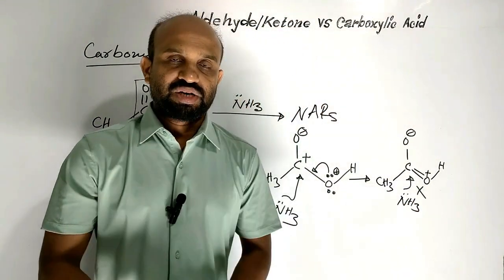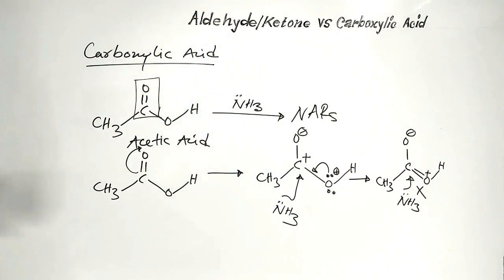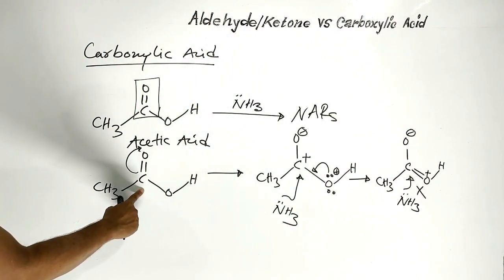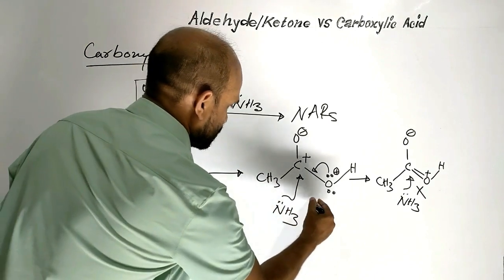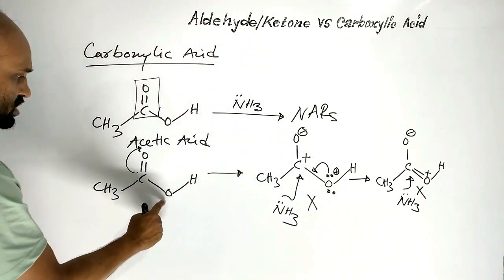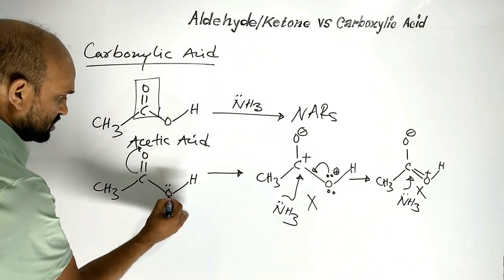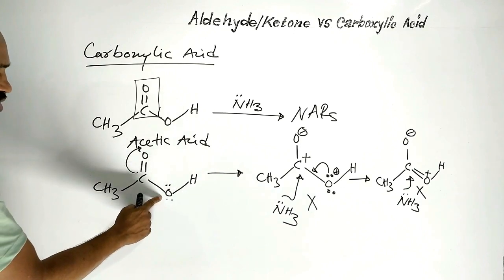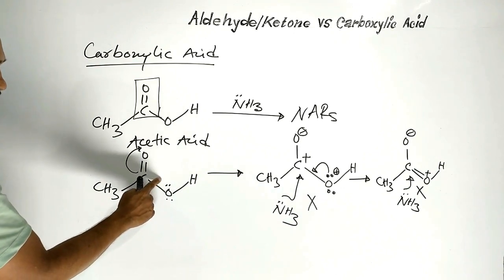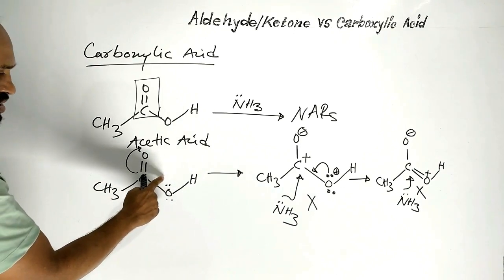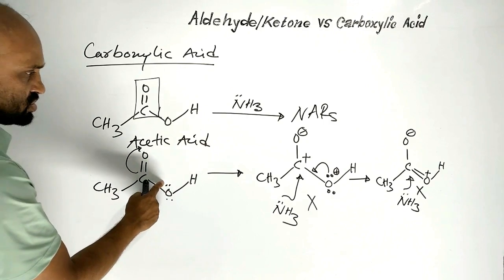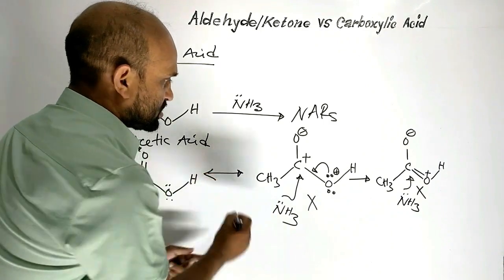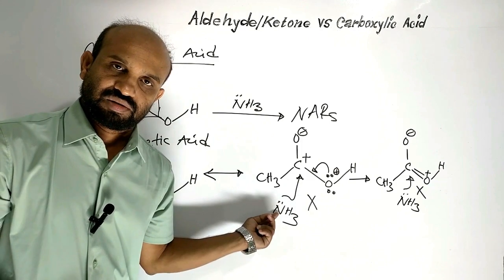That is why we can say that carboxylic acid doesn't undergo nucleophilic addition reaction because of the presence of lone pair of electrons over oxygen, because these lone pair of electrons take part in resonance.